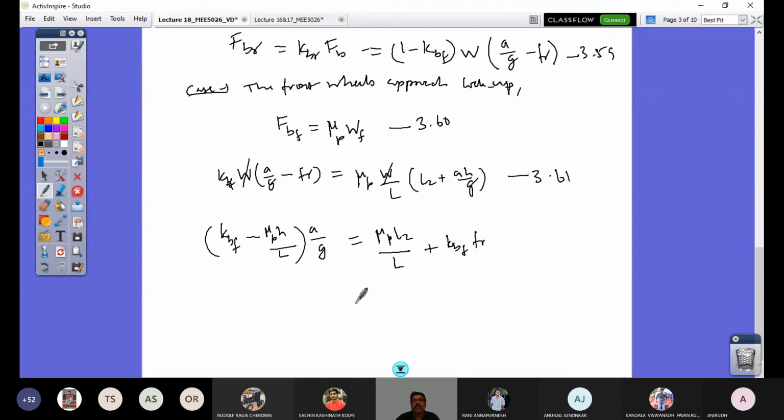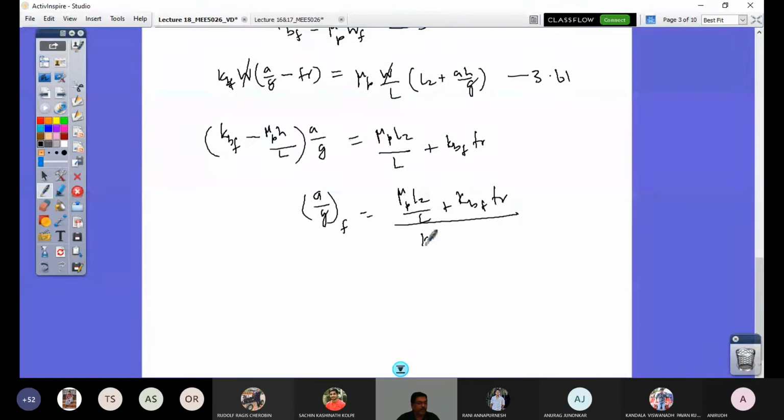Since it is the front wheels approaching lockup, when this condition is achieved, I would have A by G with the subscript F, equal to μp L2 by L plus K_BF F_R, divided by K_BF minus μp H by L. So this is my equation number 3.62.